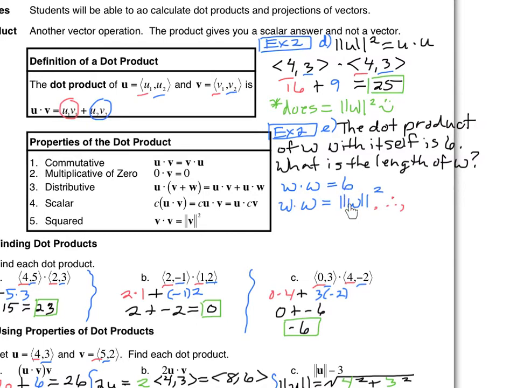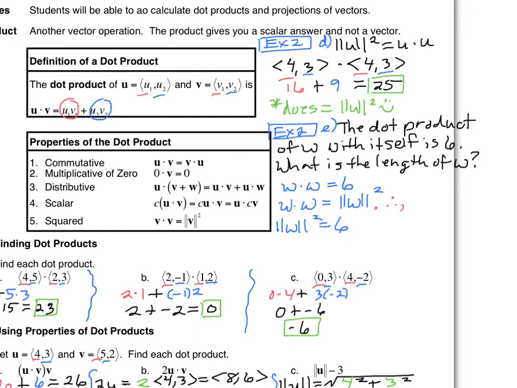These sides of the equation are both equal to the same thing, so you can set the 6 and the magnitude squared equal to each other. So therefore, the magnitude of W squared is equal to 6. If this is true, and this is true, by substitution, those must be equal. And so that's what I'm saying here.